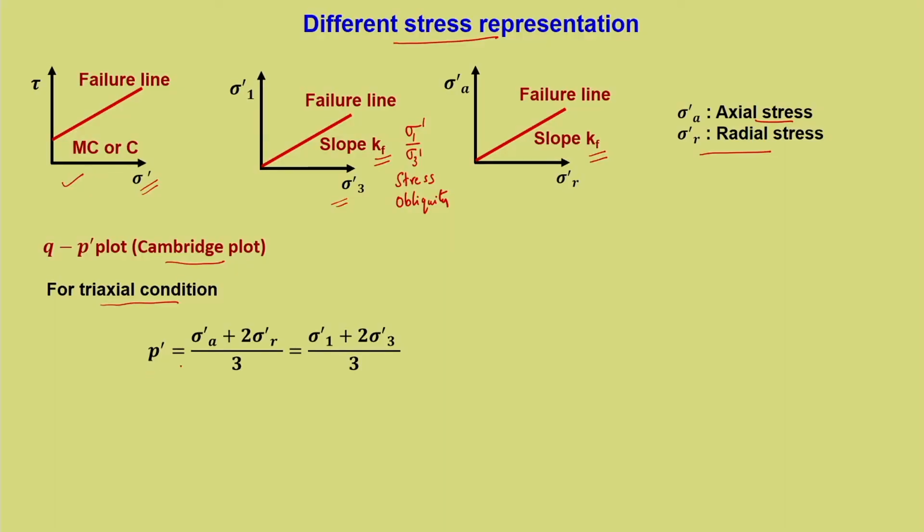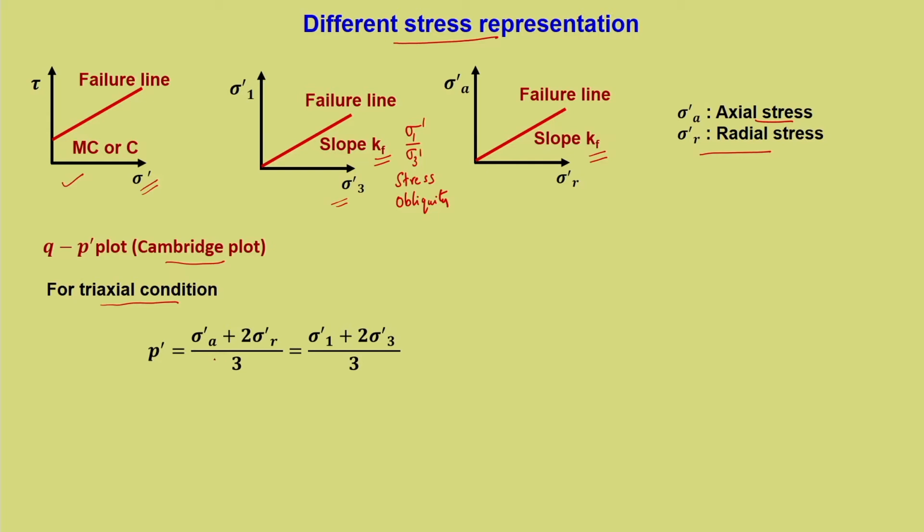In today's representation we will confine ourselves to the triaxial condition, and q and p dash for the triaxial condition we have already evolved in the previous lecture. Accordingly, we know p dash, the mean stress, is sigma A dash plus 2 sigma R dash by 3, which you can write in terms of principal stresses as sigma 1 dash plus 2 sigma 3 dash by 3.